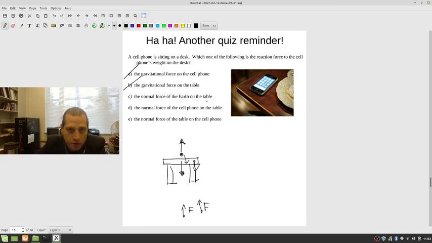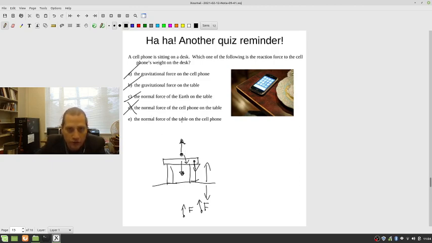The normal force of the Earth on the table, there is a normal force of the Earth on the table, but it is paired by the force being pushed down on the Earth. The normal force of the cell phone on the table, that one is just an X, because the cell phone is not pushing up on the table, it's pushing down on the table.